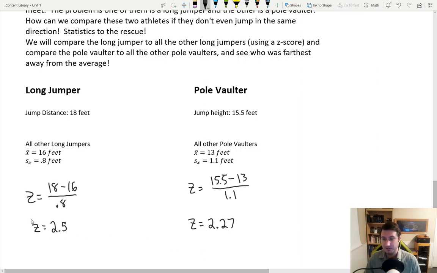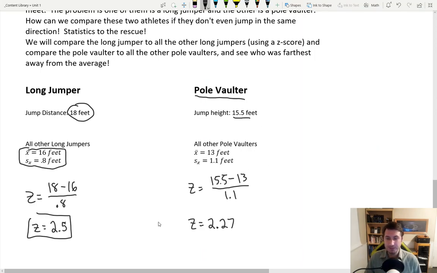So in this case, the long jumper, this jump of 18 feet, when this is what people can do, is a bit more extraordinary than this pole vaulter score, or jump. And so the z-score really gives us an idea of how extraordinary a piece of data is.